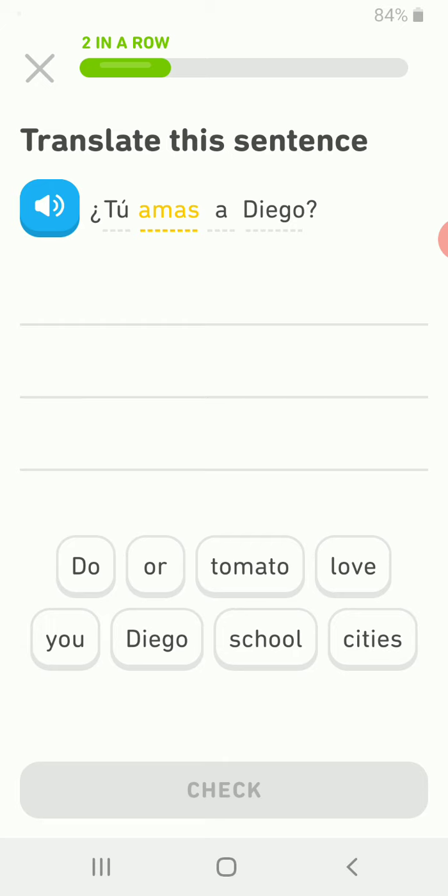I'm trying to find the logic behind. So I love you. So you is an object pronoun here, not the subject pronoun. Sometimes you have a direct object pronoun and an indirect object pronoun.